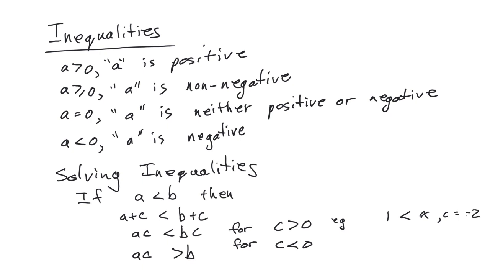You would apply negative 2 to this and this, but what would happen is the sign of the greater than sign would flip. So I'd have negative 2 is greater than 2x. So we would actually change the sign if our C value that we were multiplying against each of the terms was negative. Okay?